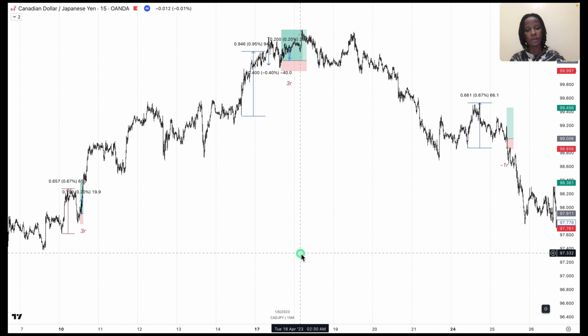For example, here, remember we have the calendar rule that you really have to follow. You have the daily rule that you really have to follow. You even have the M15 rule when it comes to impulsive moves and retracement that you really have to follow. Then you have the H1 candle closure that you really have to follow.